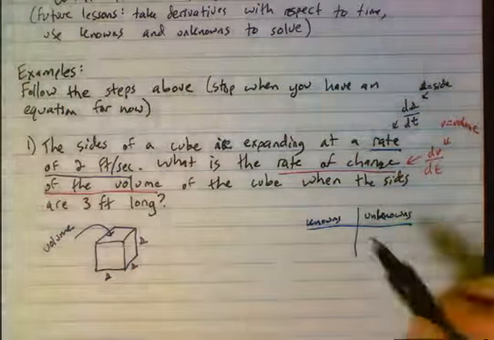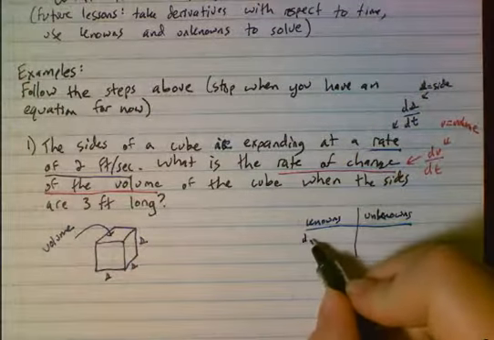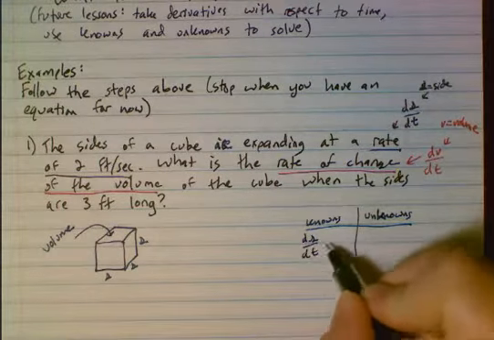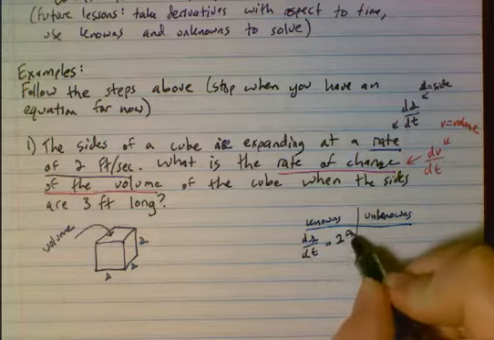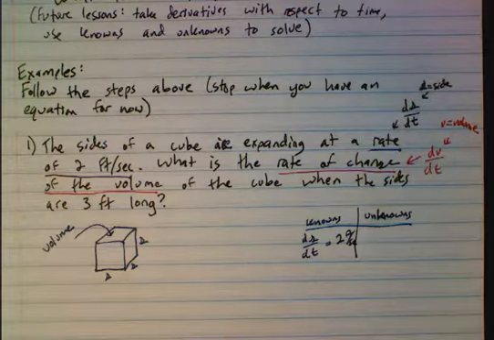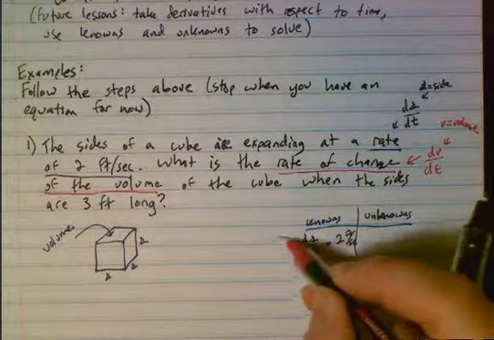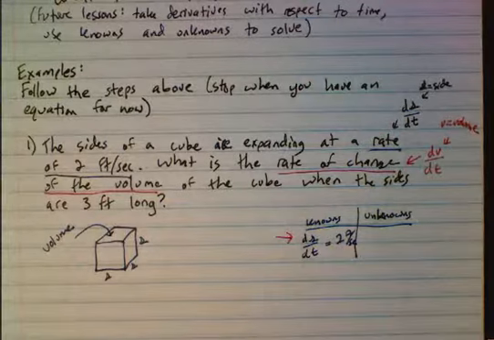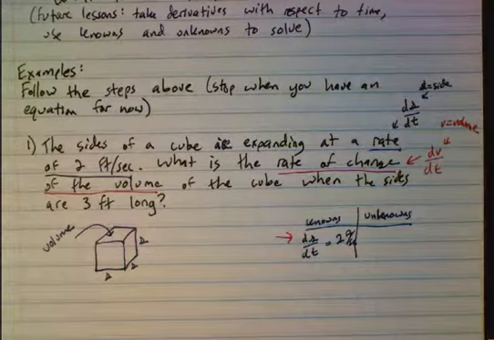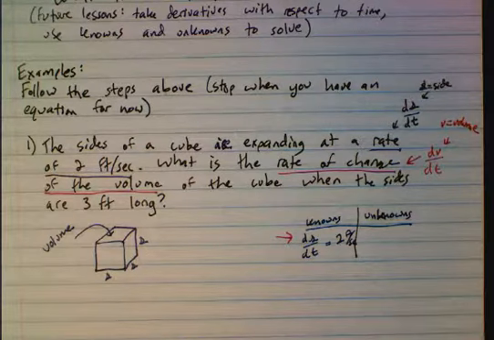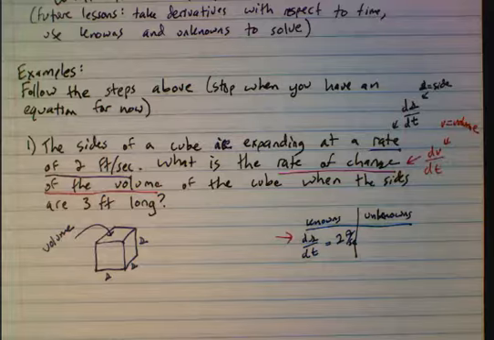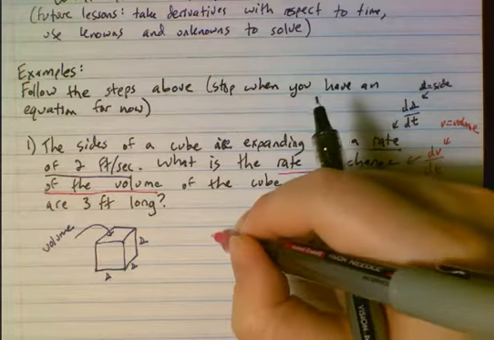We know that the sides of a cube are expanding at a rate ds dt equals 2 feet per second. And one of the keywords here is expanding. So this is something that means that this side is getting bigger. And if something's getting bigger, then it has a positive value. And if something is getting smaller, then it has a negative value. We'll see an example with a negative in a little bit.